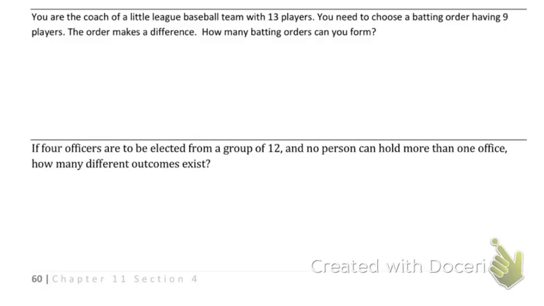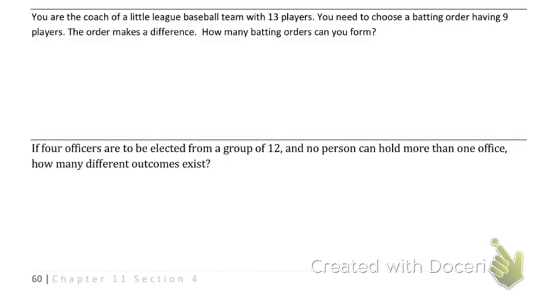All right, you are a coach of a Little League baseball team where you have 13 players. You need to choose 9 players for a batting order. The order of a batting order matters. You have to know who's going to go first. You can't just pick 9 people and they all rush to the plate for the first one. So order definitely matters. Who's first, who's second, who's third.